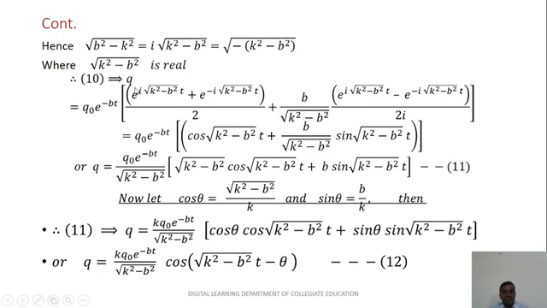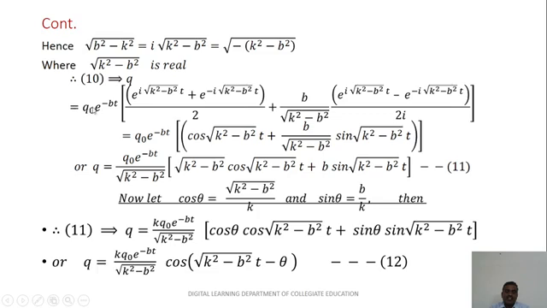This is of the form e to the power of i theta plus e to the power of minus i theta divided by 2, plus b divided by root of k square minus b square into e to the power of i root of k square minus b square t minus e to the power of minus i root of k square minus b square t, divided by 2i. This is of the form e to the power of i theta minus e to the power of minus i theta divided by 2i.